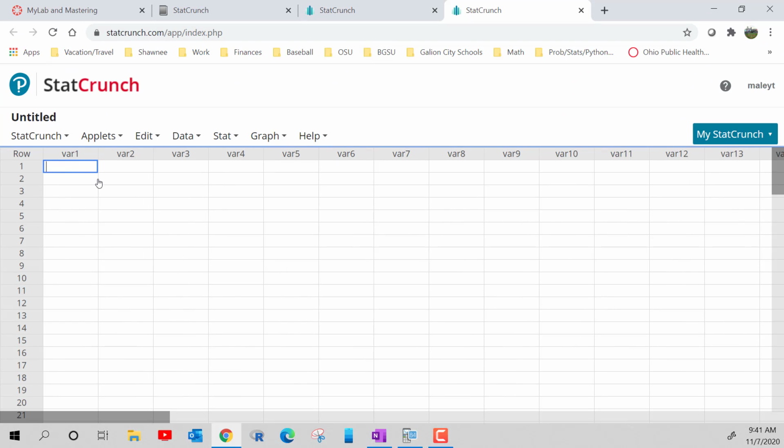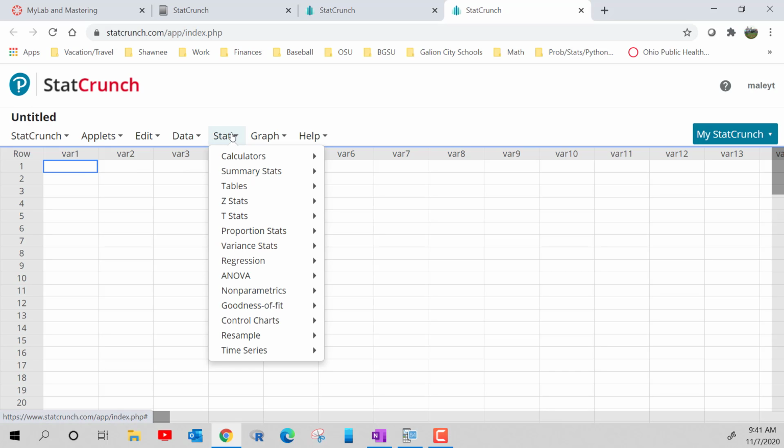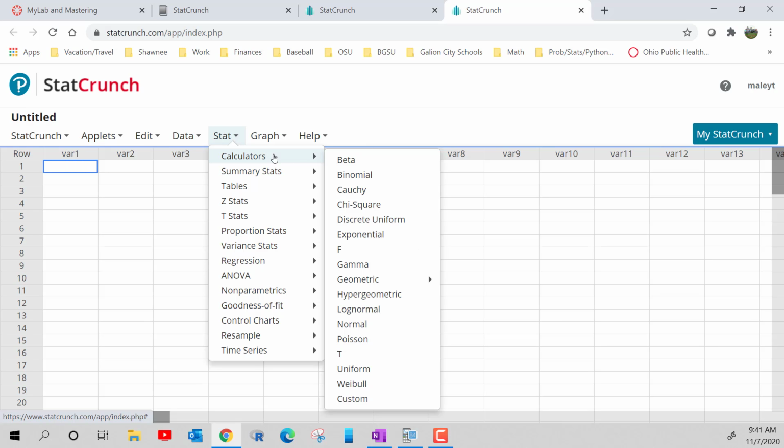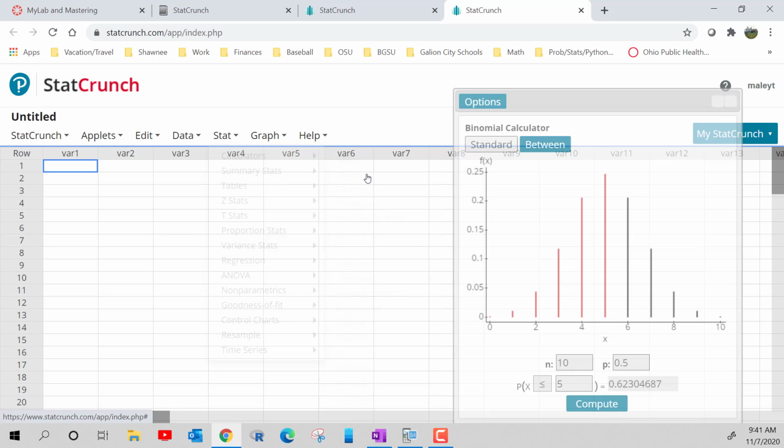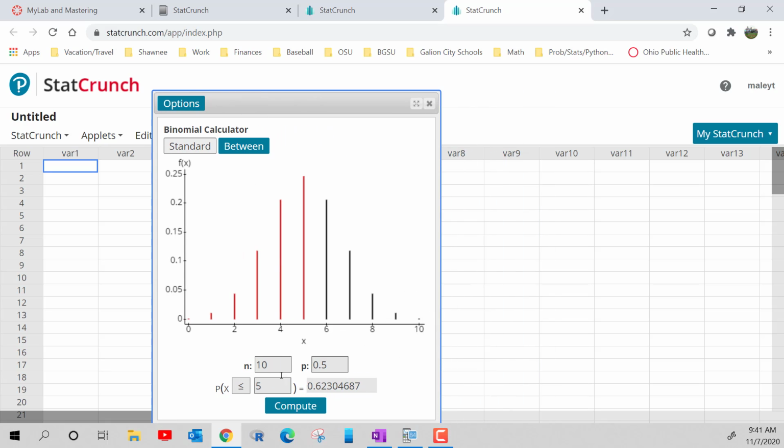So now what I want to do is show you how you can calculate this in StatCrunch. So what you're going to do is go to the Stat menu, and then go to calculators, and then we want binomial, right? So this will give me a binomial calculator. And then down here, you're going to fill in your inputs. Right here is going to go your n value, which is 10.